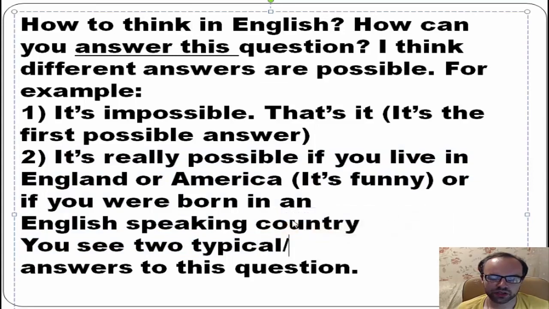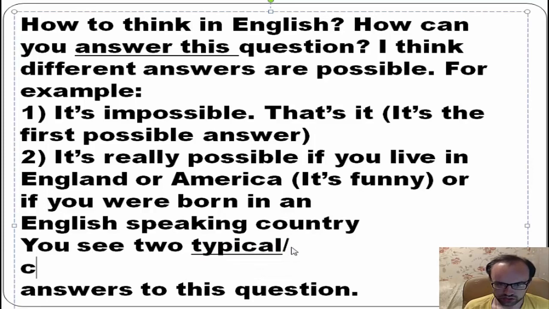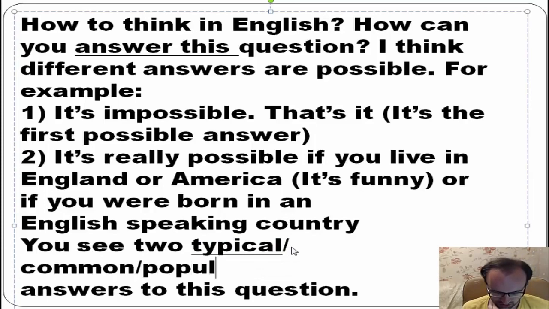Okay. So you need to know different synonyms or similar words. If you can't remember this word typical, what other words can you say instead? You can say typical, or also common, or also popular answers, and we say answers to this question.